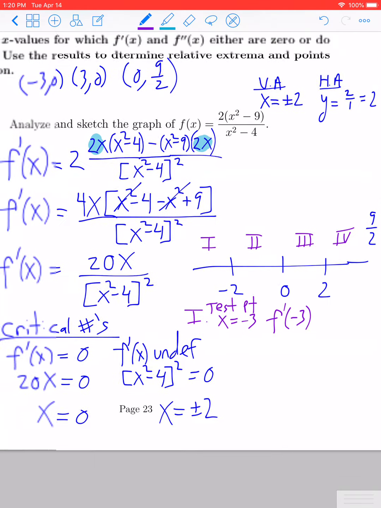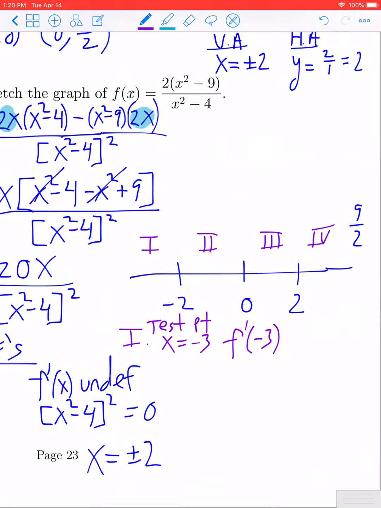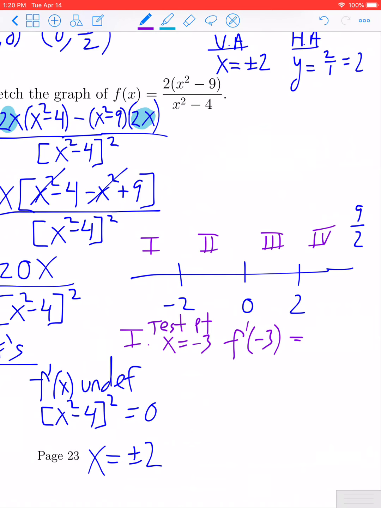F prime of negative 3, that would be 20 times negative 3, all divided by negative 3 squared minus 4 squared, which is going to give us negative 60 all over. Negative 3 squared is 9. 9 minus 4 is 5.